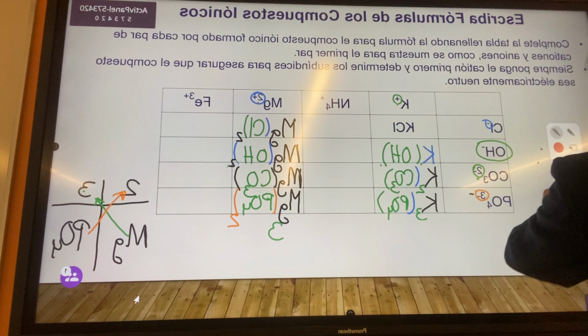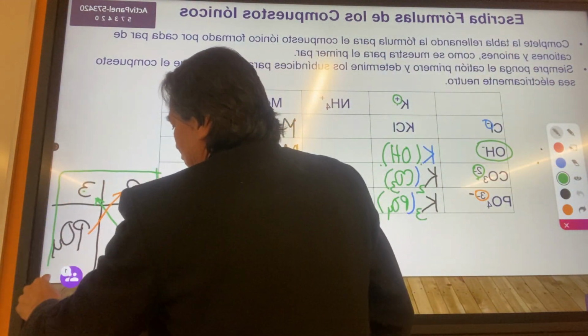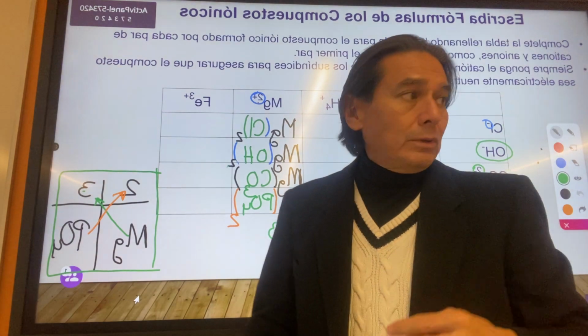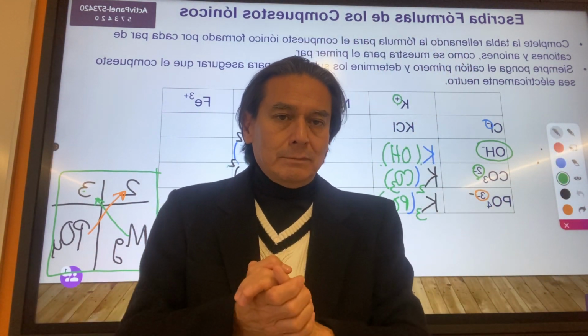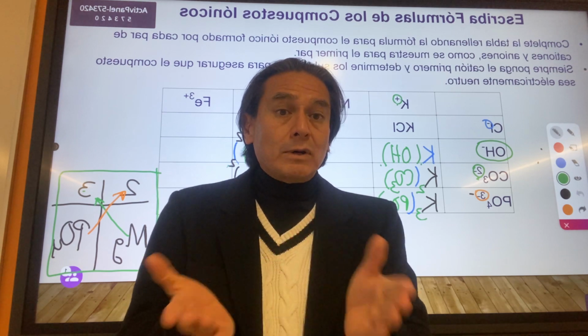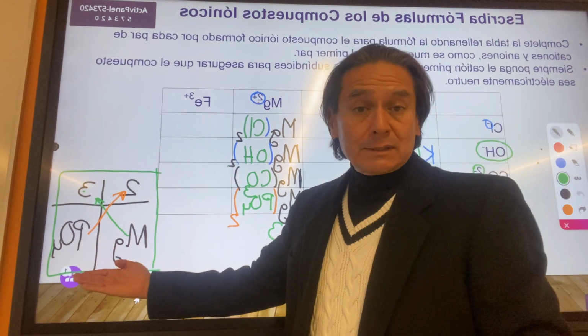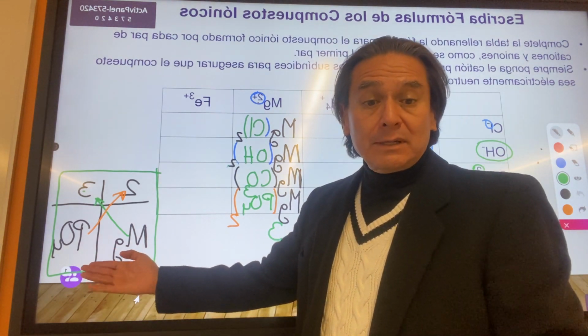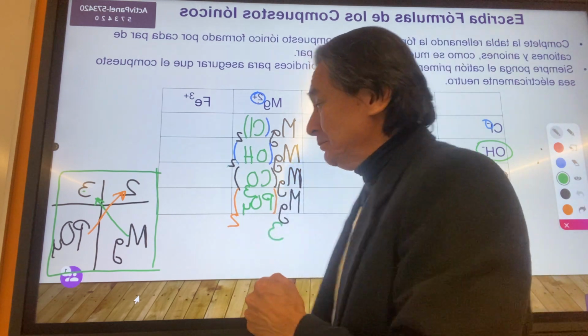Observe that every time you come across a situation where you will not form an ionic compound in a 1-to-1 ratio, one must use this method to arrive at the correct molecular formula.